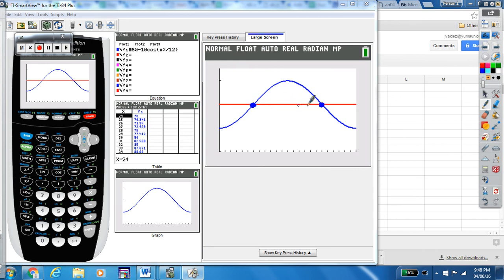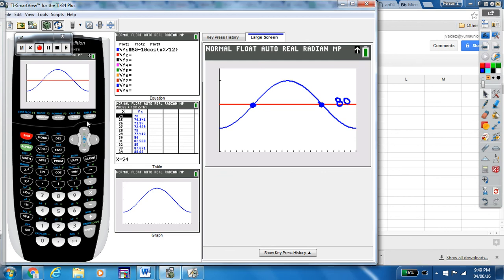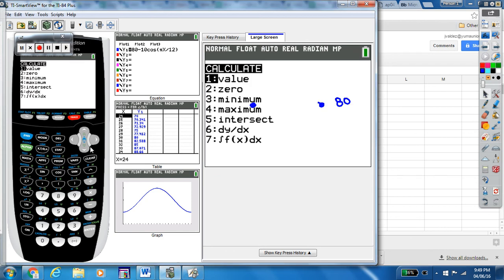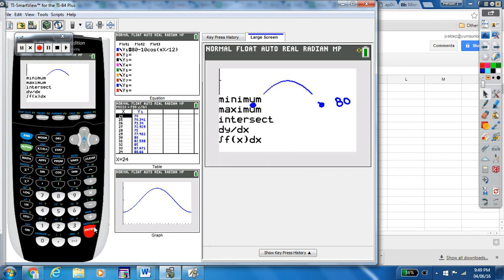These points are where the function equals a temperature of 80 degrees. And we already know it's going to happen at 6 a.m. and 6 p.m. But one of the ways you could also have your calculator find this is you just go to second, calc, and this time we're going to find intersect. We want to figure out where those two functions intersect.